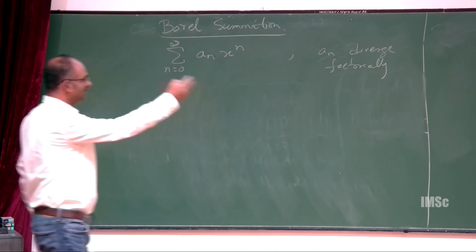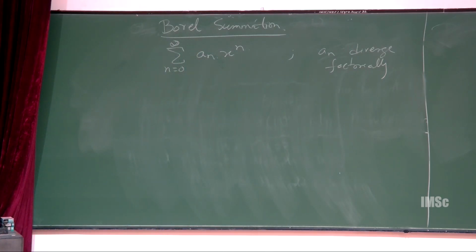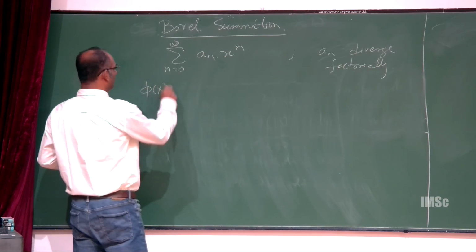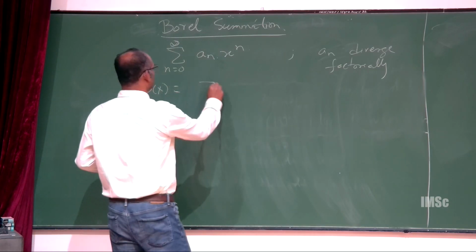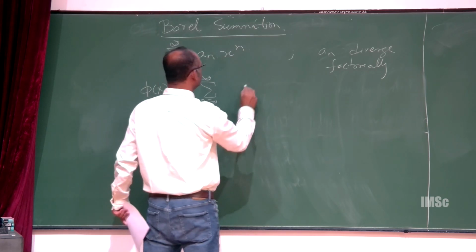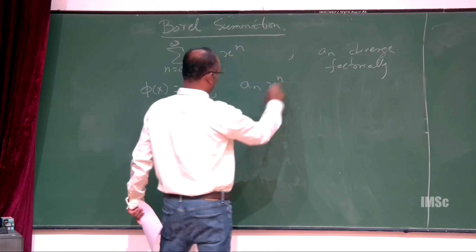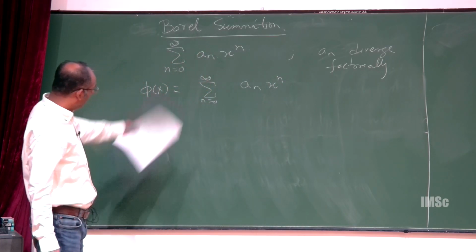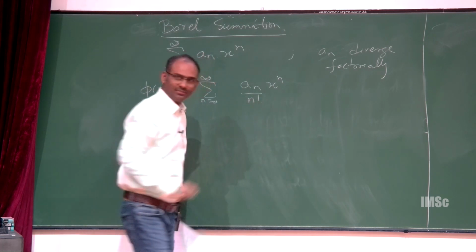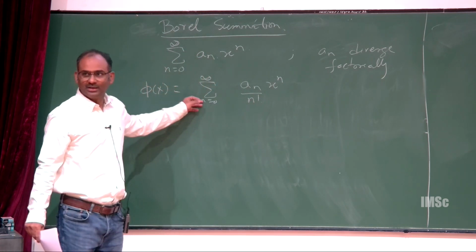That's the situation we had for D. So I define a new series: I take the same thing, a n, x to the n. I know there is a factorial growth, so I divide these coefficients by n factorial, and I have a new series.